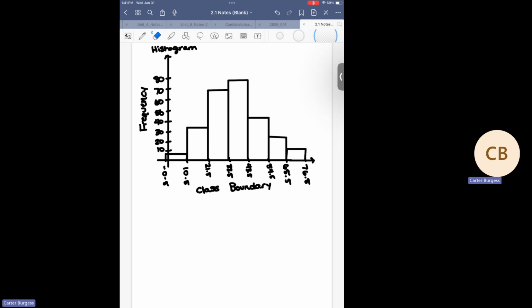Frequency polygons communicate the exact same information as our histogram.